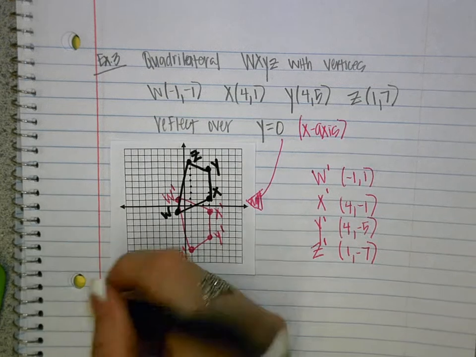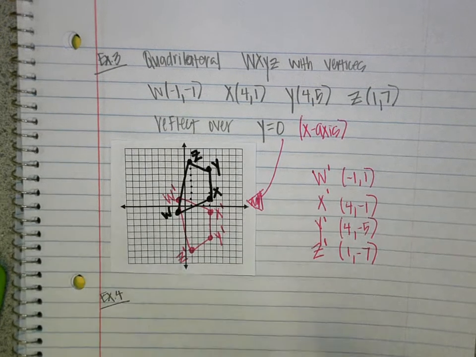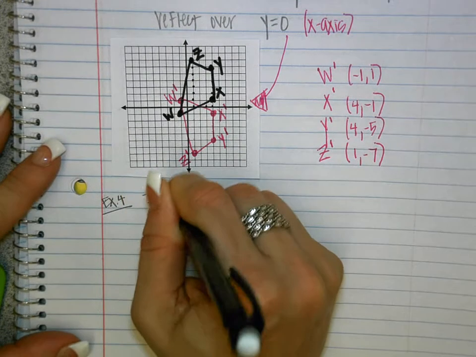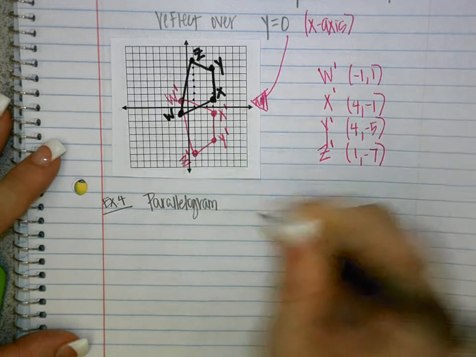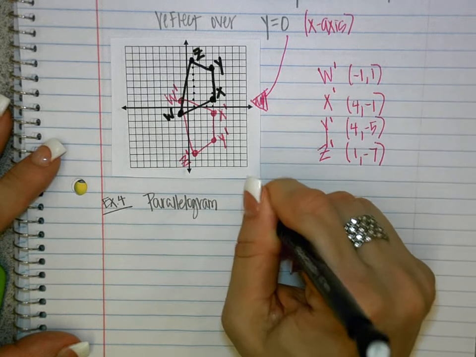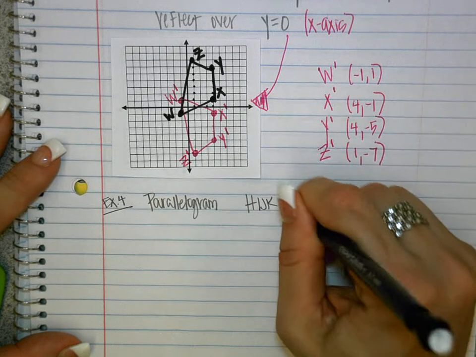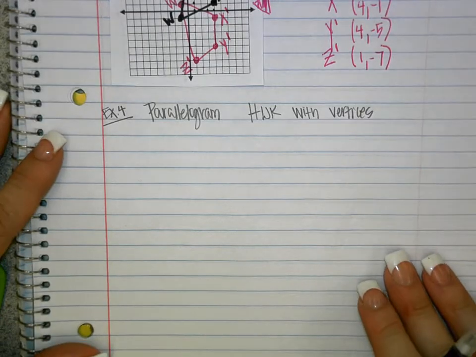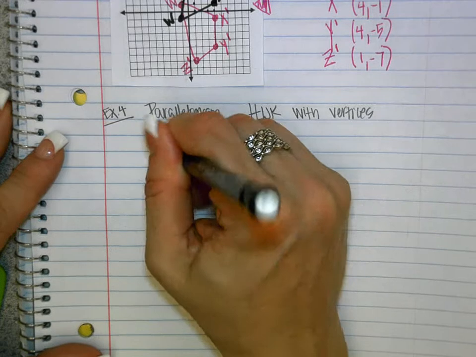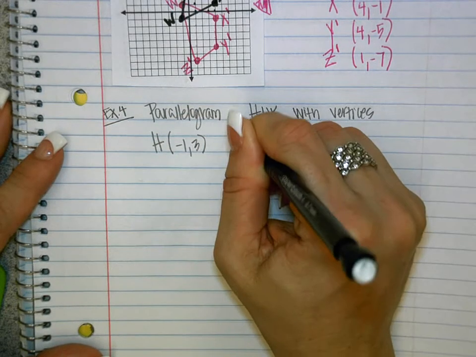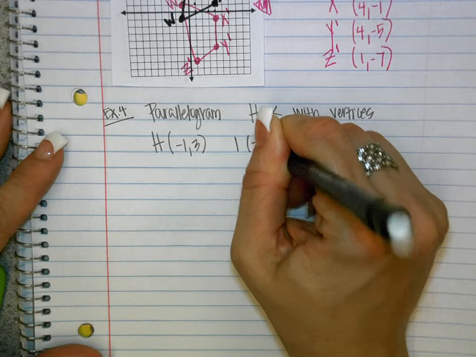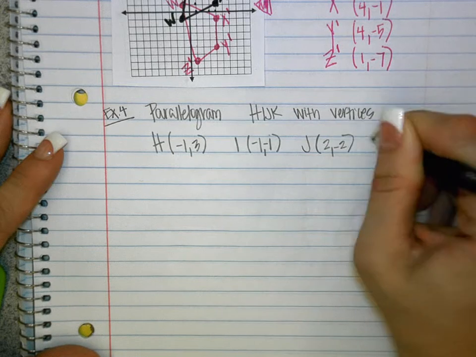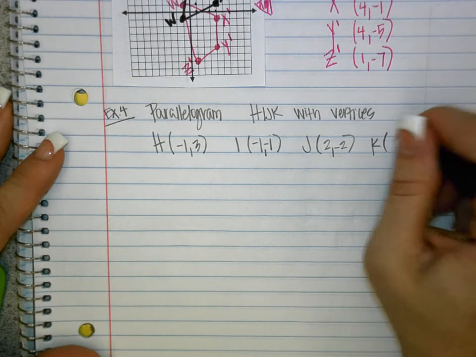Okay, last one. For example, number 4. If I tell you we have parallelogram HIJK with vertices H at -1, 3, I at -1, -1, J at 2, -2, and K at 2, +2.